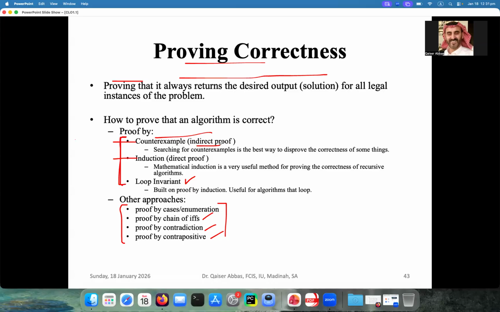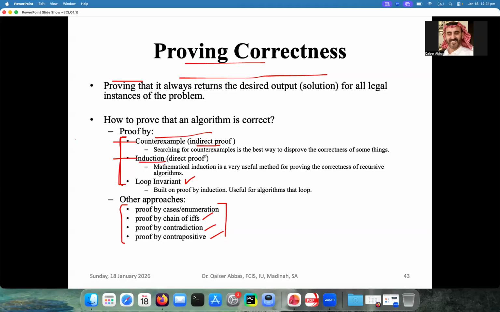If you provide that counterexample, then that theory would be negated. And until you find any counterexample, that theory is still correct.